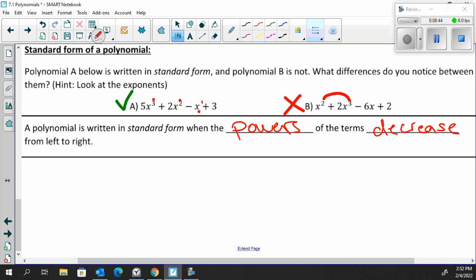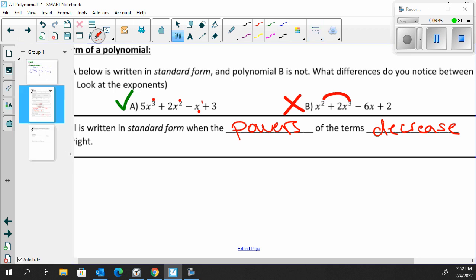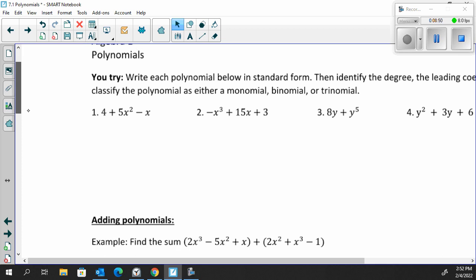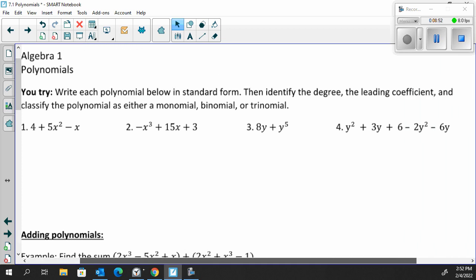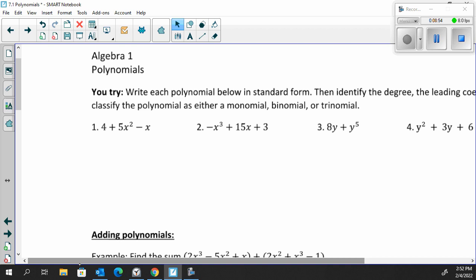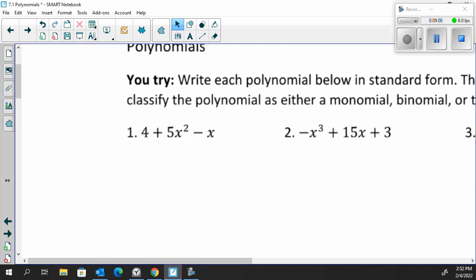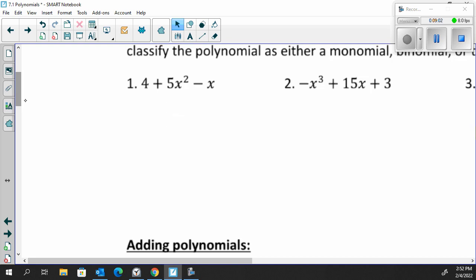Let me give you an example of that. So it says write each polynomial in standard form, then identify the degree and leading coefficient. So let's just focus on this one, number 1. Is that in standard form right now? No, it's not. Are the exponents ordered largest to smallest? No. What would you need to change?